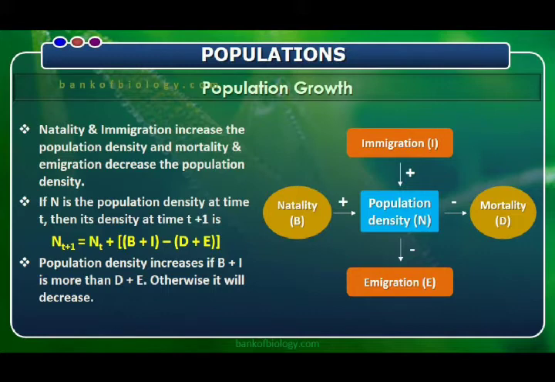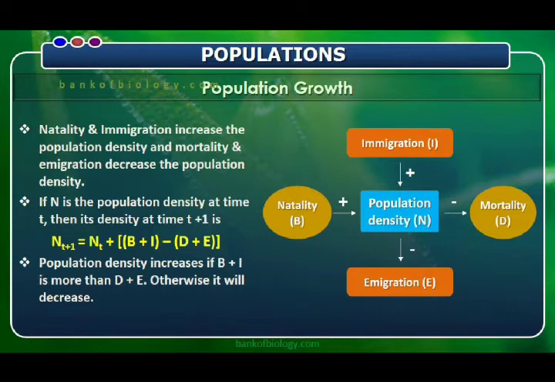So for example, if N is the population density at time t, then the density at time t plus 1 is given as N(t+1) = N(t) + [B + I] - [D + E], that is birth rate plus immigration minus death rate plus emigration. So this is the population density at a given time.